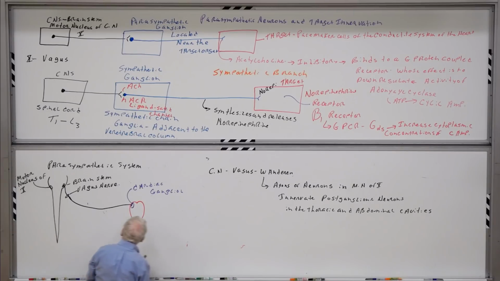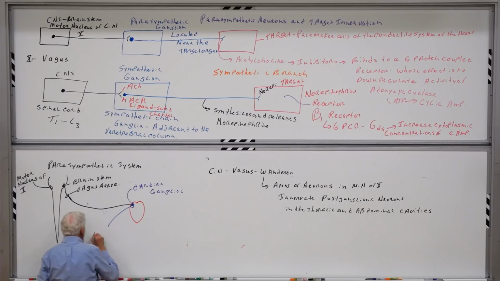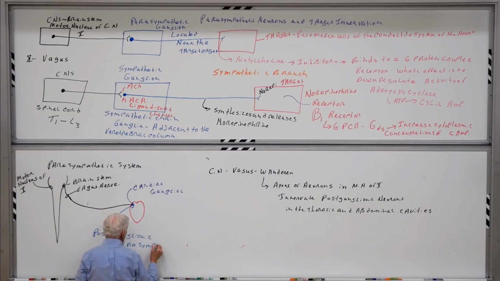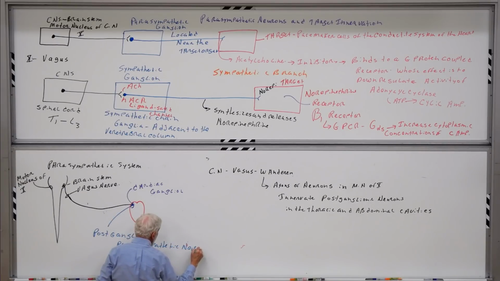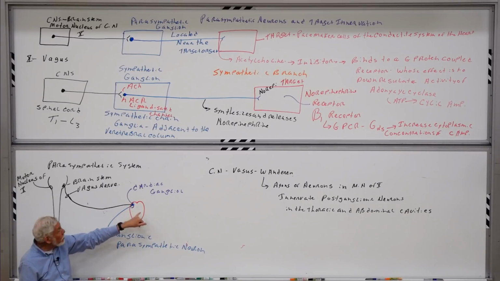So, keeping with the theme, there's now going to be this neuronal cell body of the postganglionic parasympathetic neuron. So acetylcholine will be released at the site. Acetylcholine will bind to the nicotinic acetylcholine receptors and generate an excitatory postsynaptic potential.